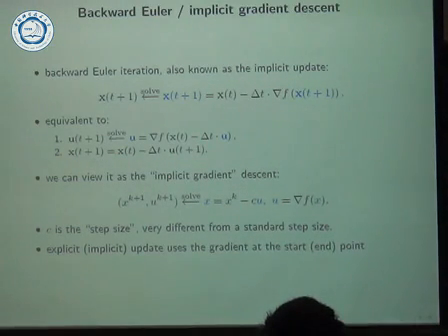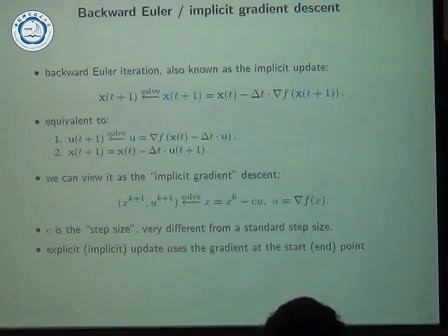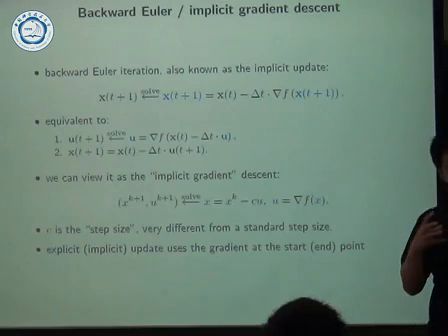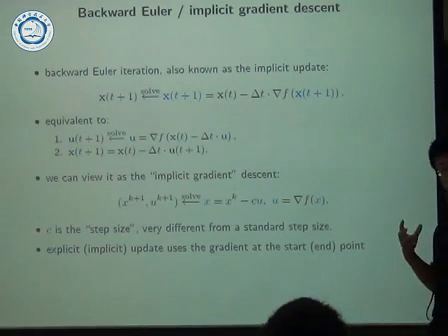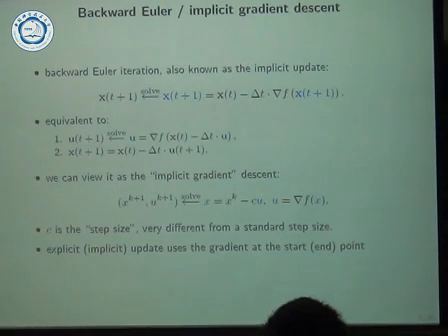Backward Euler is more stable than forward Euler. If you do linear equations, you can analyze the stable region of backward Euler. Forward Euler is stable somewhere here, right? Backward Euler is stable somewhere here outside. Do you remember this? Have you done this?